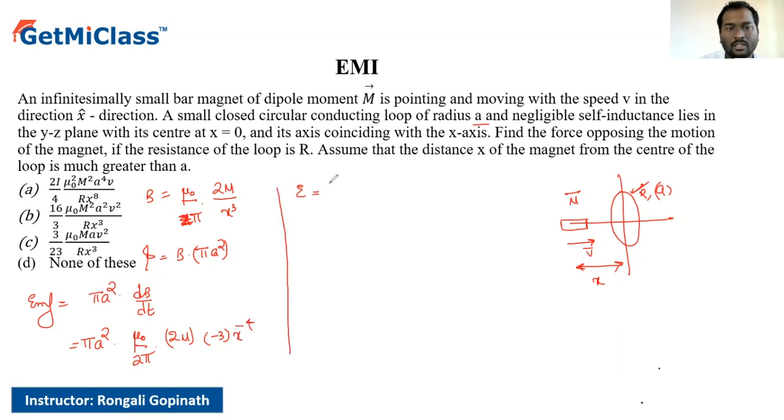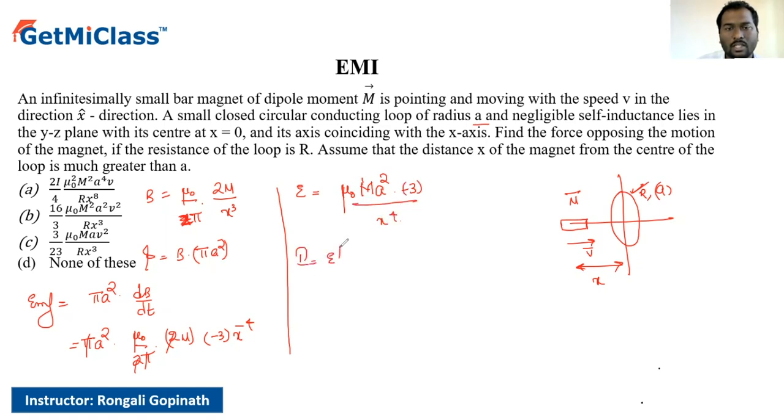So pi gets cancelled, 2 gets cancelled. It is mu naught into m into a square into minus 3 by x to the 4.